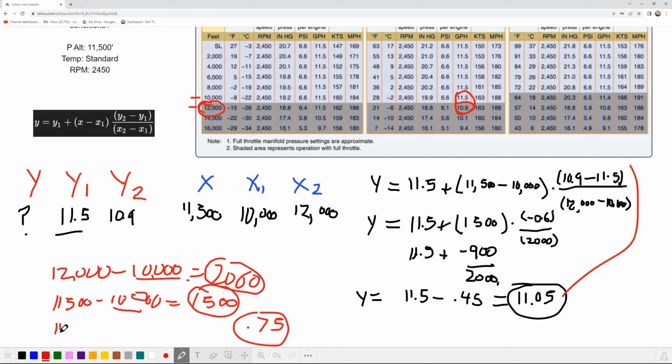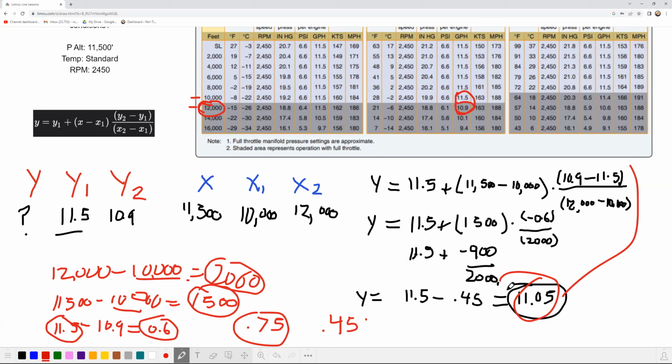If you can't, then you're essentially just doing the interpolation equation. 11.5 minus 10.9 is 0.6. So now you just want to figure out what is 75% of 0.6. You can do 0.6 times 0.75, and that's 0.45. So now you know you want 0.45 away from 11.5. So you do 11.5 minus 0.45, and that gets you 11.05.